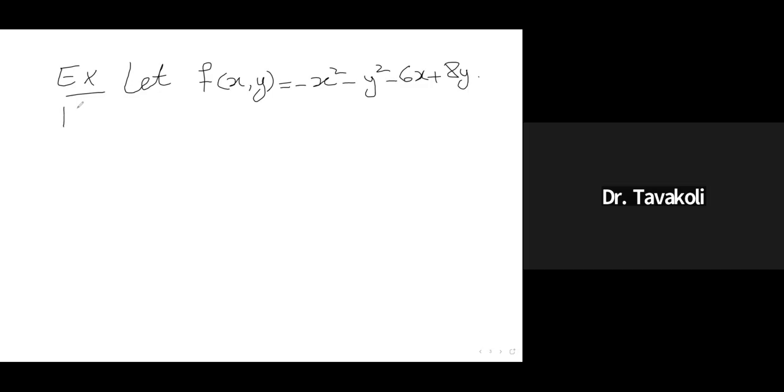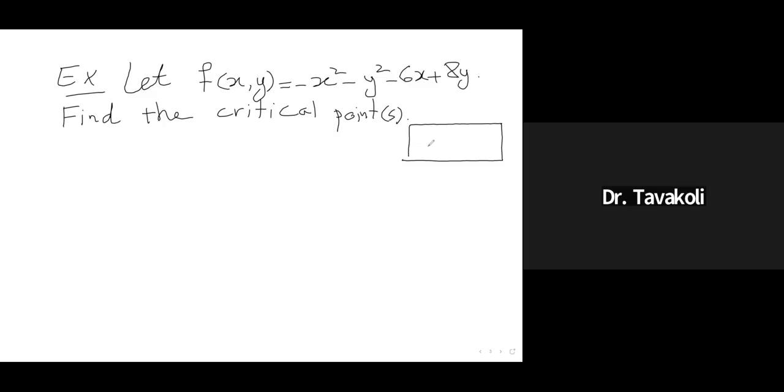Now the question is: find the critical points. If there is one point, I just write the coordinates of that point. If there are two of them, I separate the points by commas.